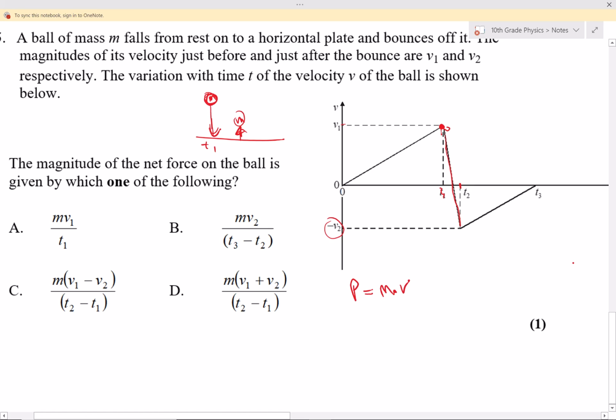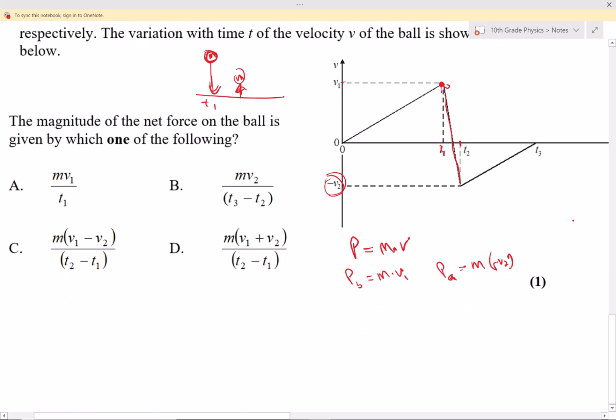So you could say the momentum before, I'll use a B, was the mass times v1, and the momentum after, I'll use an A for after, was mass times negative v2, which could also be expressed as negative m times v2. So the momentum before was this, and the momentum after was this.